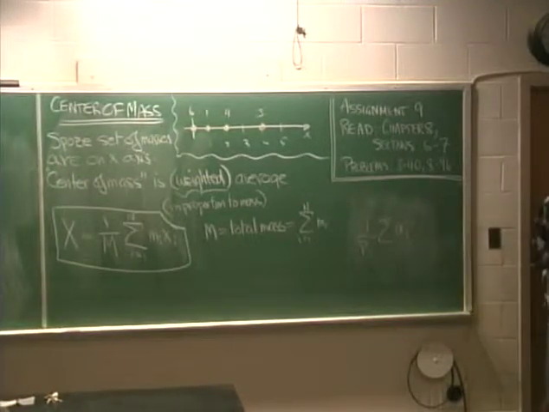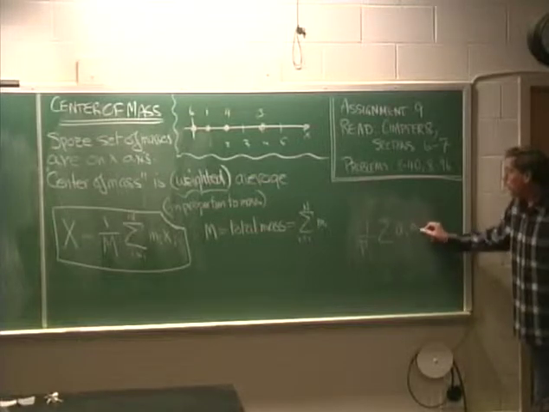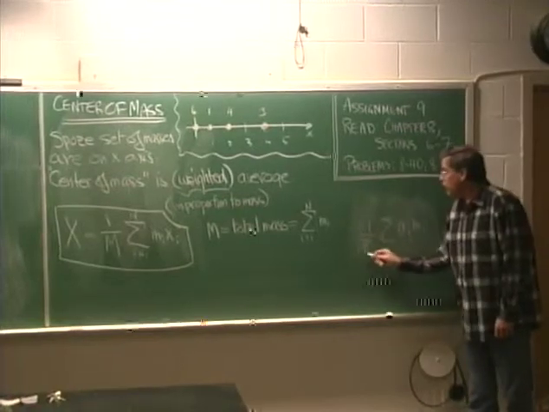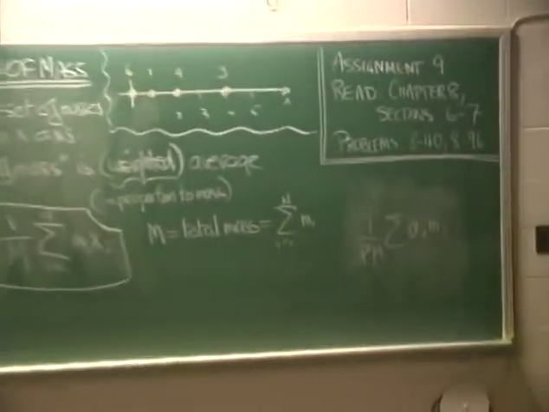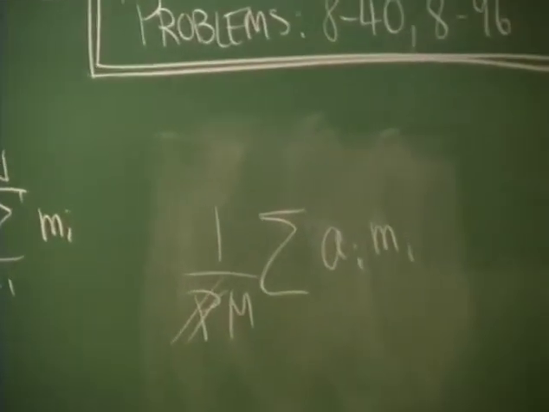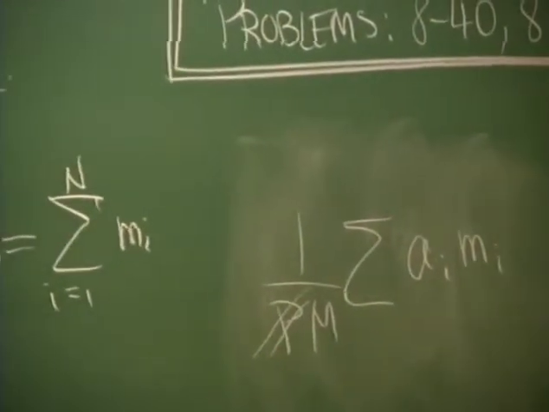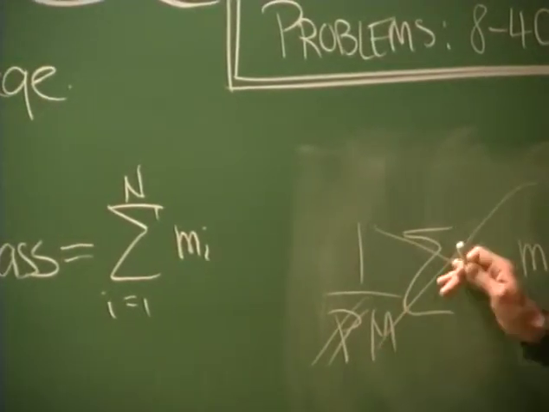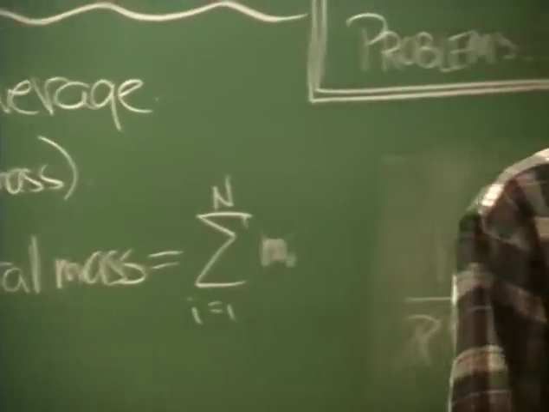But if you wanted to weight those averages, so heavy people count more, you might multiply each one by the mass of that person, and then divide not by the total number of people, but by the total mass of everybody in the room. Then you would have a weighted average age with heavier people counting more. I don't know why you would ever be interested in such an average, but we are interested for reasons that will appear in due course.